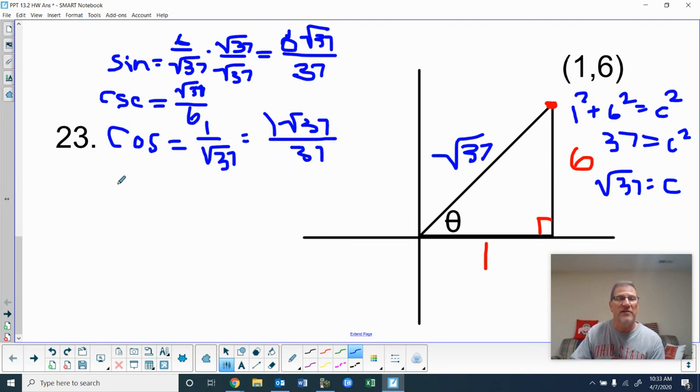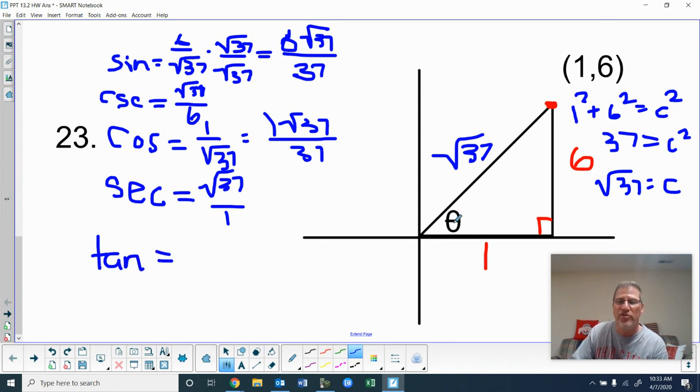And then its reciprocal is secant, which we use SEC. And again, I'll just use this original. So it's the square root of 37 over 1.